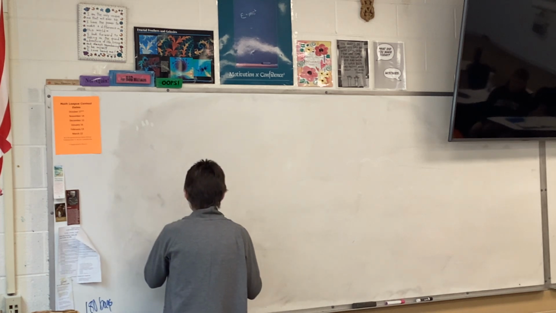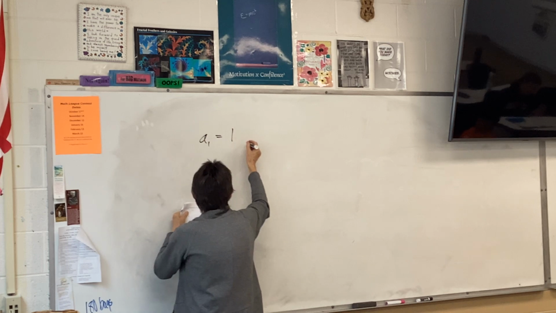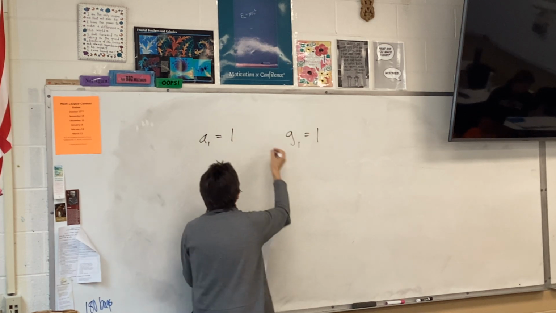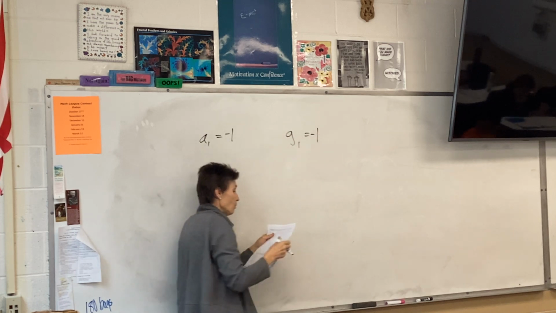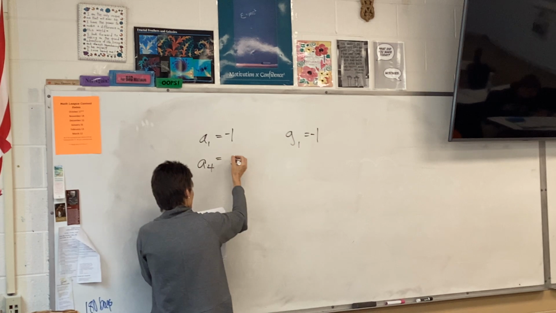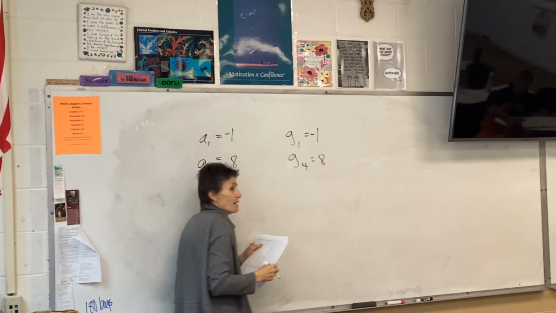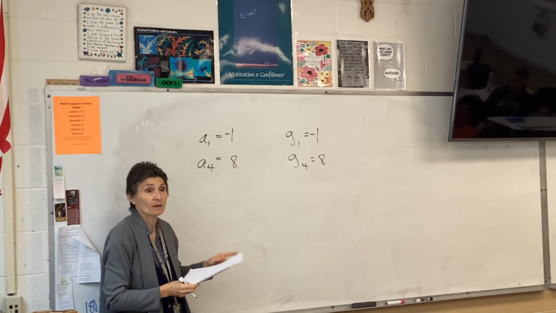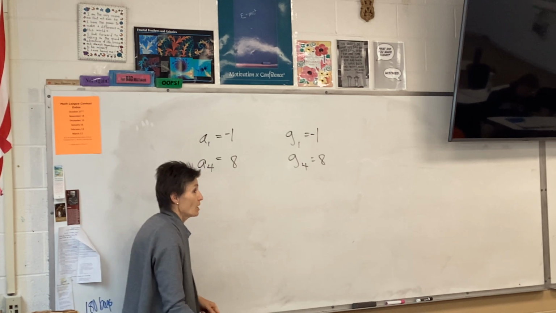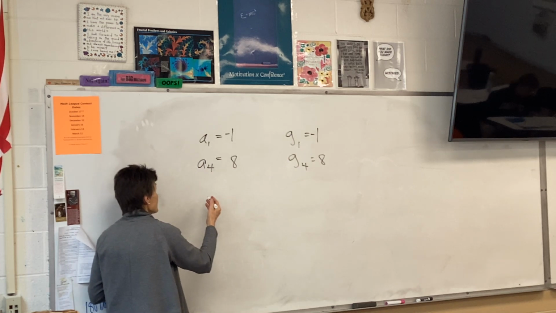Let's talk about it. So, we know that the 4th term and the 1st term are the same, but one of these is arithmetic and one is geometric, okay? So, I don't know what your thought process was.